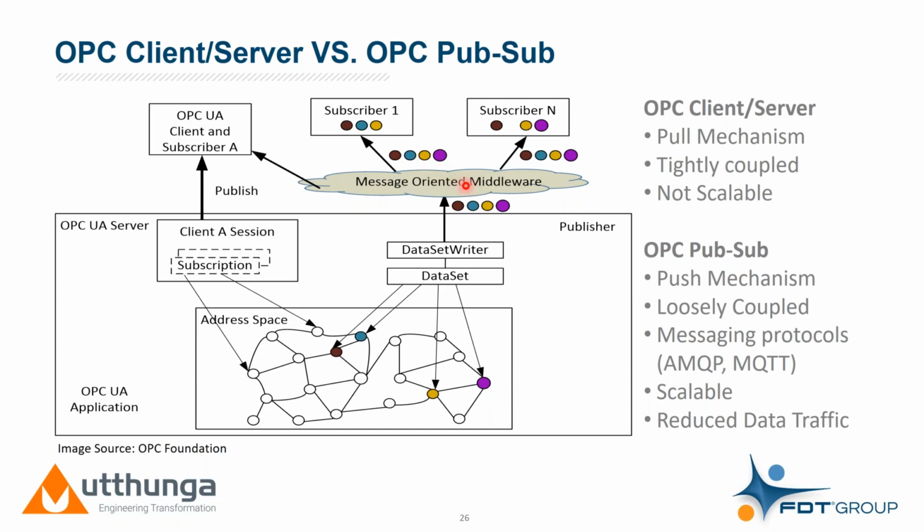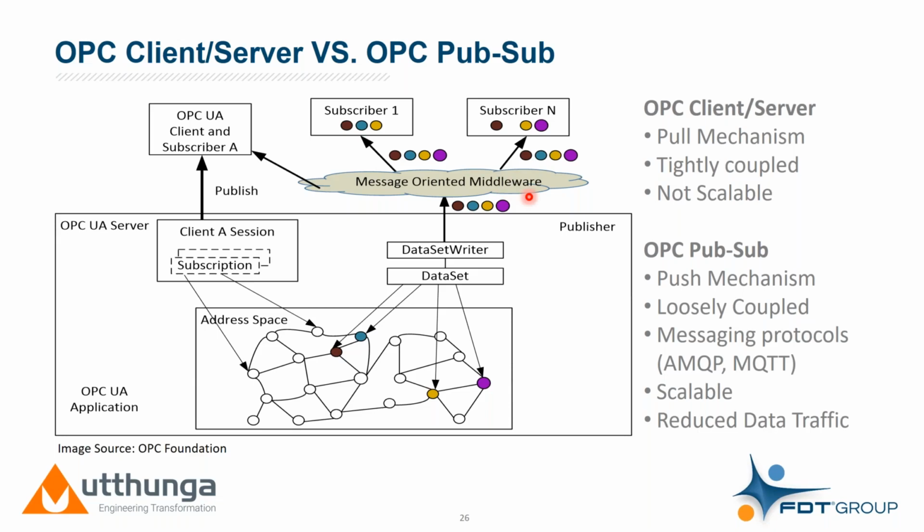So you need not have a broker. If we have a broker, it can be even a software module or it can be a hardware module. So with all this flexibility and the scalability that it provides, OPC Pub Sub is being adopted very well in the industry. In just a span of 2 years, it has got very good acceptance in the market.